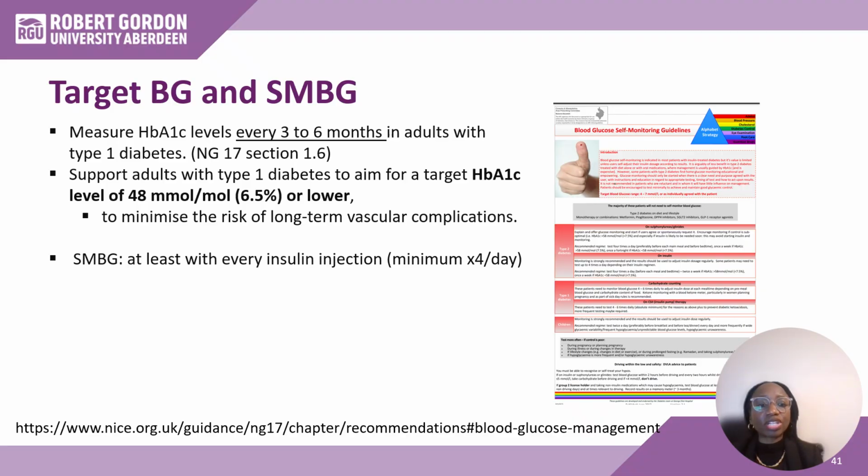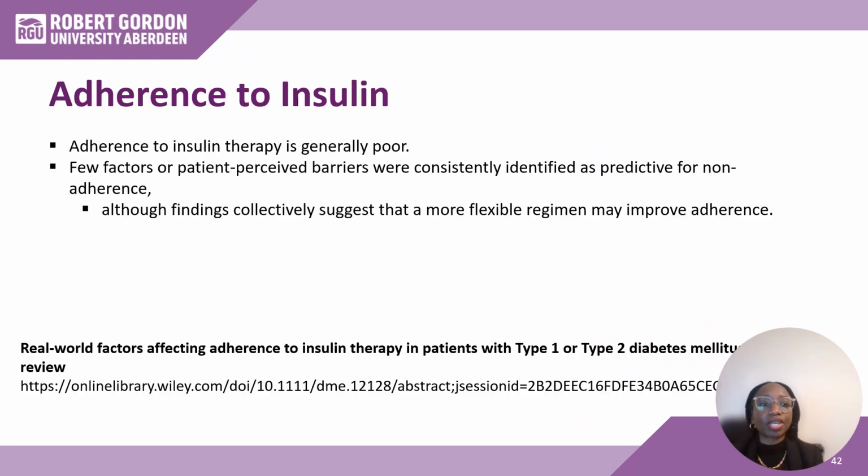So when somebody's on insulin injections, the minimum is to test at least 4 times a day, and that really coincides with them having the pre-meal insulins, the rapid acting, and then the basal one, which will be once a day. Okay. So adherence to insulin therapy is generally poor, and this is what the studies have shown.